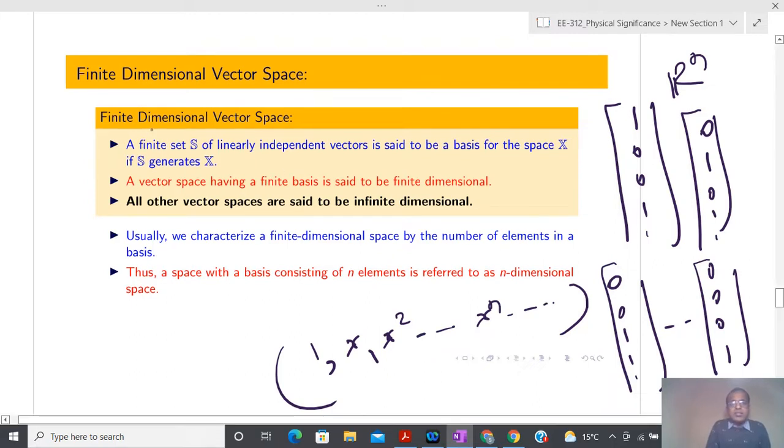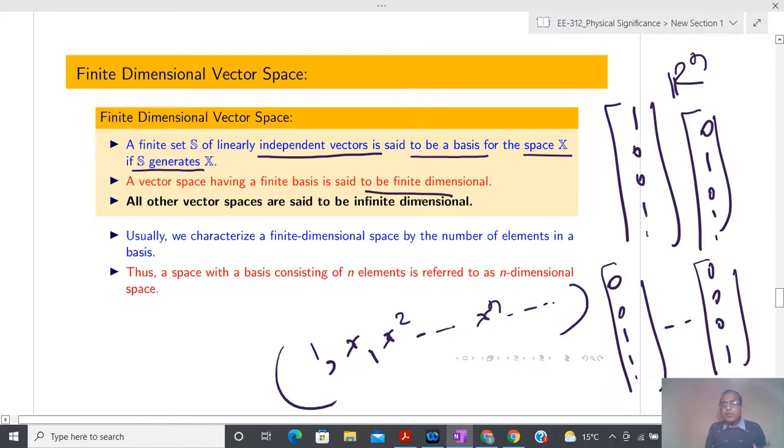So let us check the definition of a finite dimensional vector space. A finite set S of linearly independent vectors, you can see that I am talking about just linearly independent vectors, is said to be a basis for a space X if S generates X. So the first requirement is a basis, and a vector space having a finite basis is said to be finite dimensional.